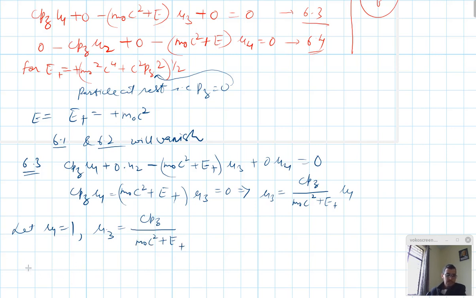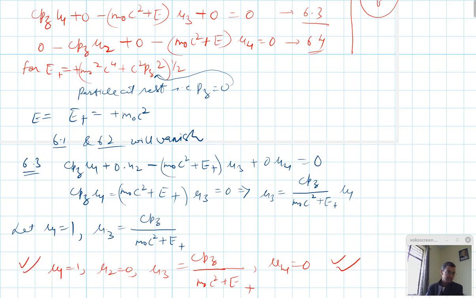Therefore the solution for this is that u1 is equal to 1, u2 must be equal to 0, u3 is equal to cpz over m₀c² plus E plus, and u4 is equal to 0. This is the solution which we are getting, and if I put these values, equation 6.3 will be satisfied.